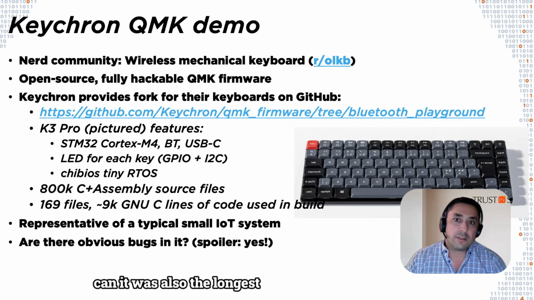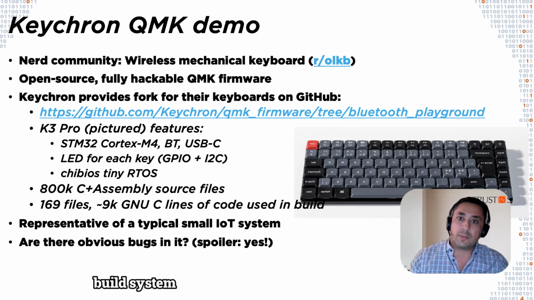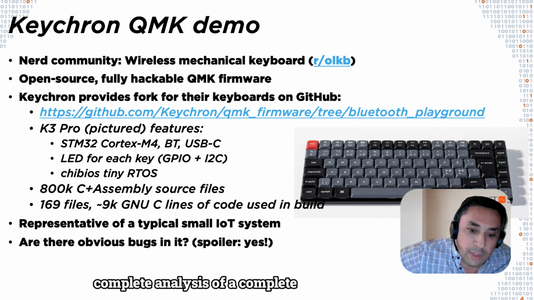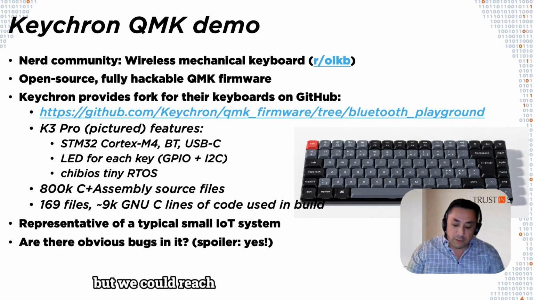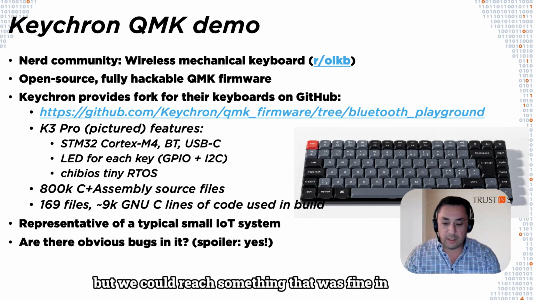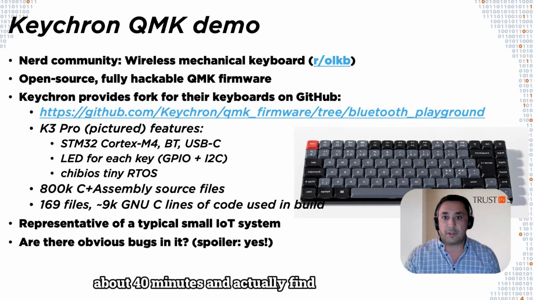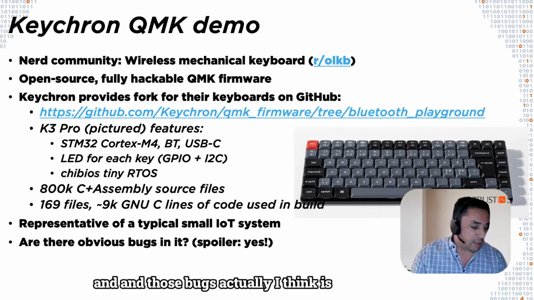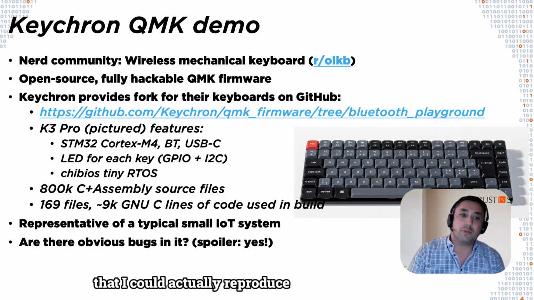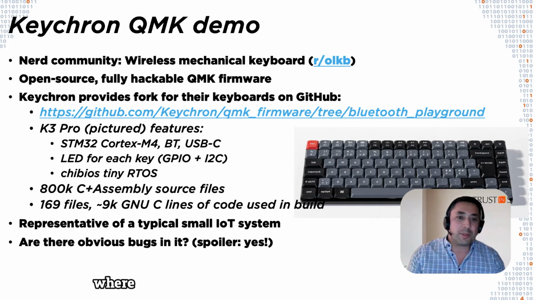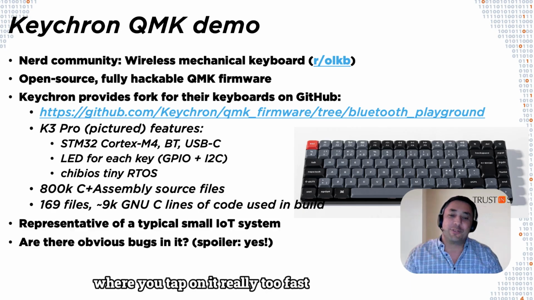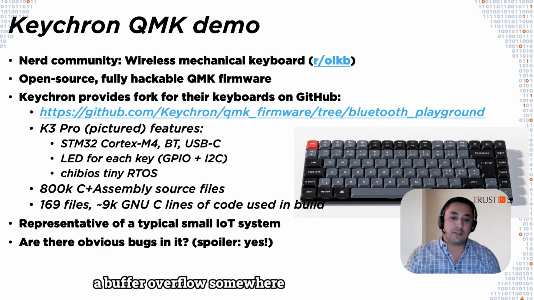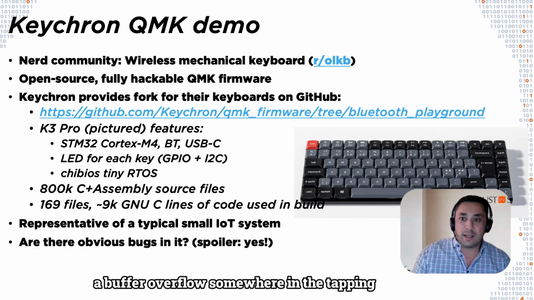It was also the longest video because there's a build system. Analyzing it is really the true analysis of a complete embedded system. But we could reach something that was fine in about 40 minutes and actually find some bugs as well. One of those bugs I could actually reproduce on my keyboard, where if you tap really too fast, there would be a buffer overflow somewhere in the tapping.